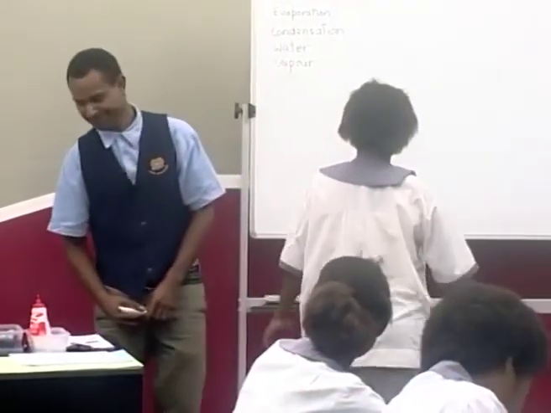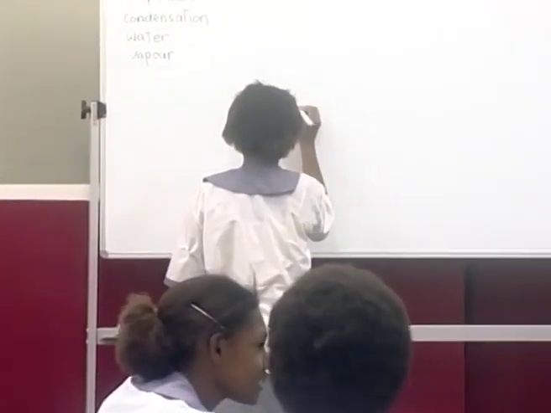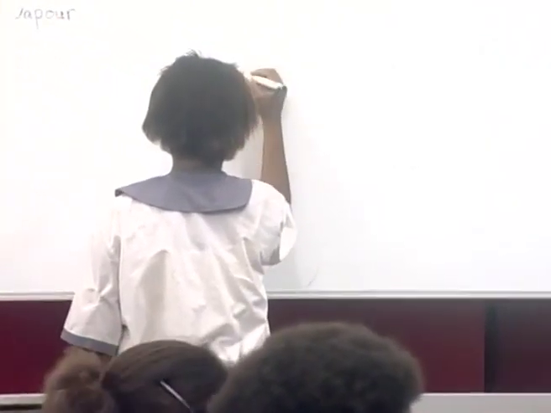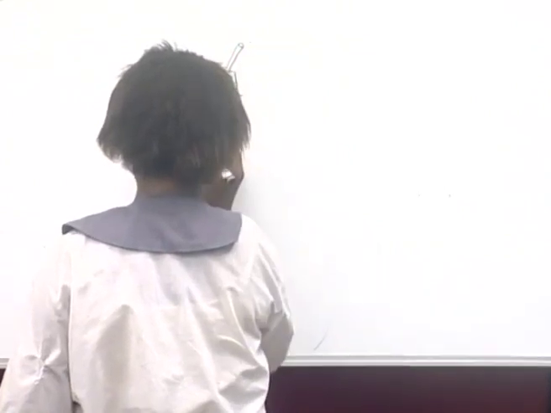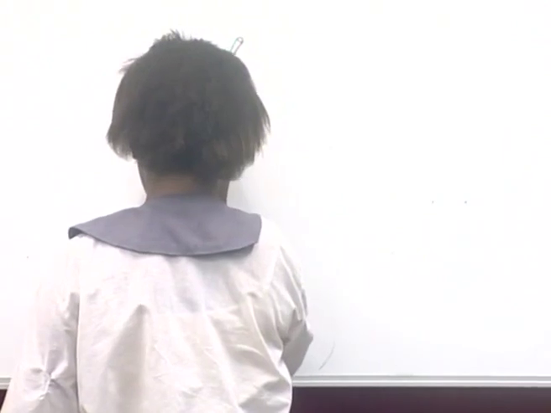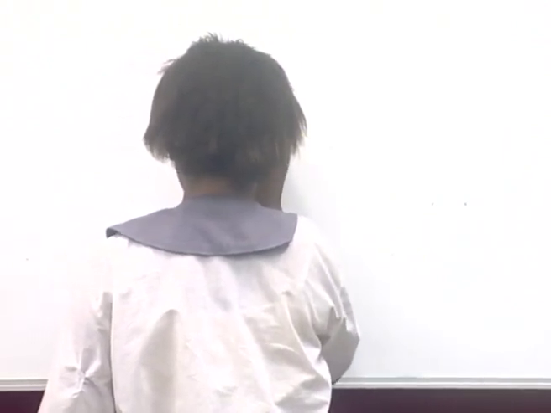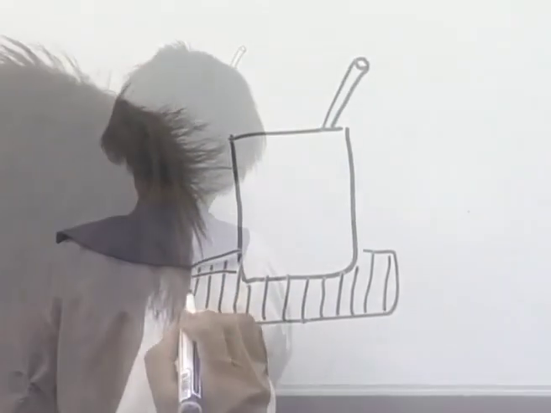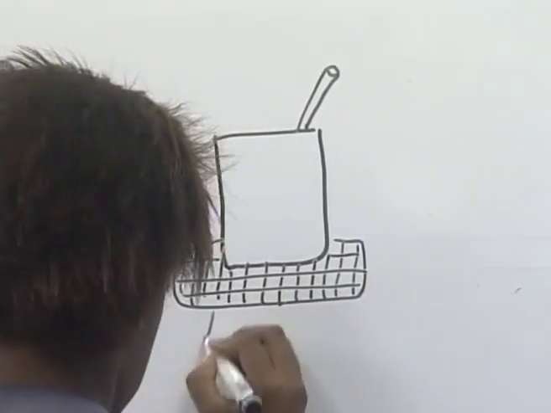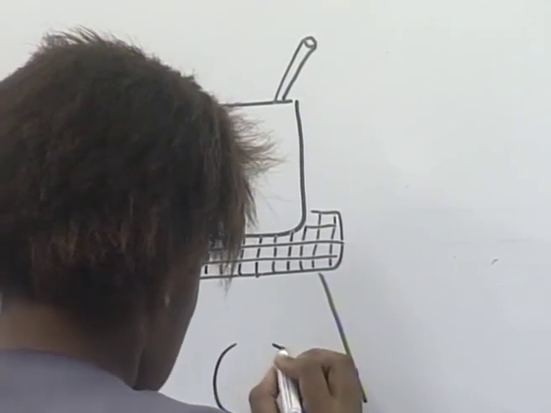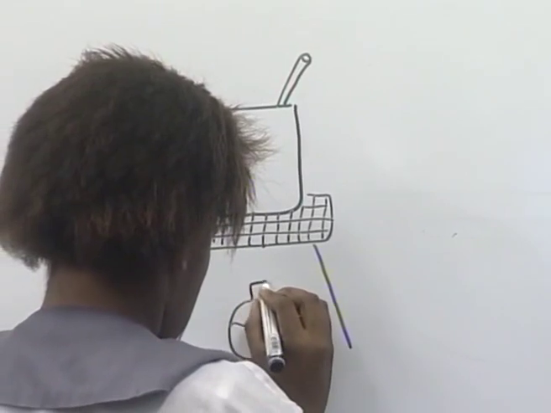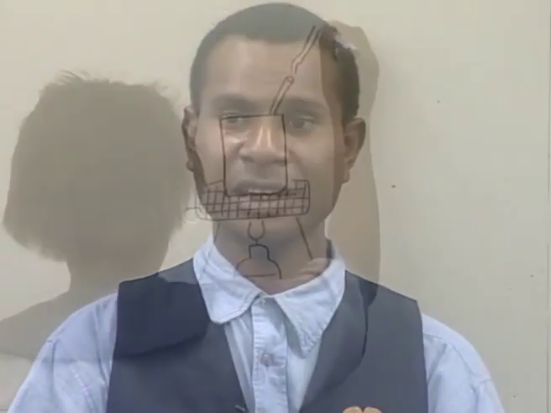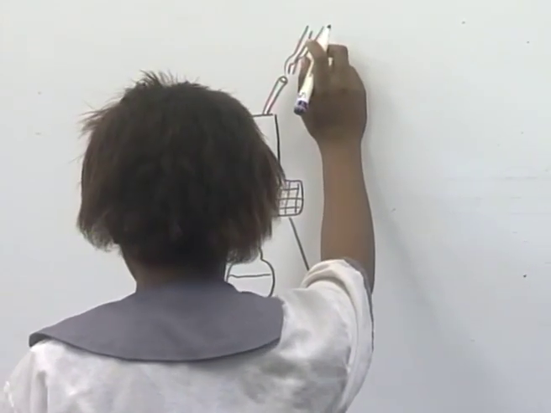Others, watching? While she's drawing, you may look at the diagram she's drawing and figure out where those four words, evaporation, condensation, water, and vapor will appear.